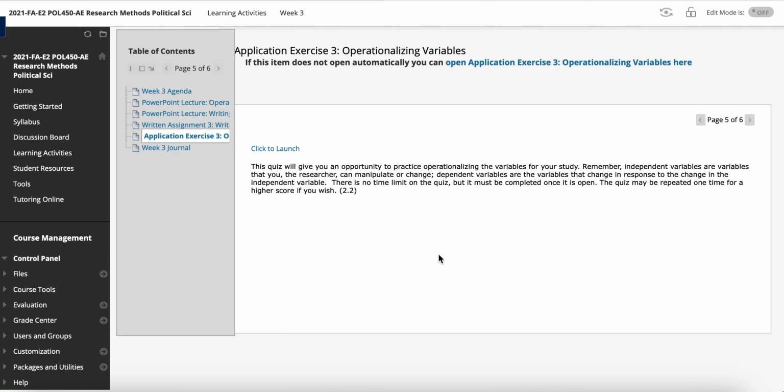It's very difficult, for example, to say someone's doing good, someone's doing well, someone's doing poor. What does that mean? We are going to need to look at how we are going to operationalize those variables so that we can then have some sort of an account for them. There's no time limit on the quiz, but it must be completed in one sitting, and you may repeat it one time for a higher grade if you wish.